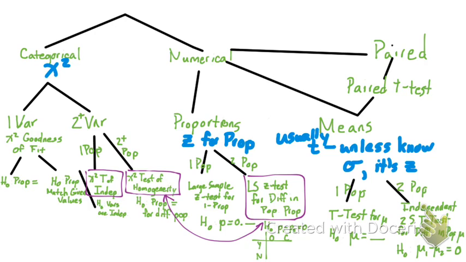Your paired t-test is going to have a null hypothesis that the mean difference equals some number. Now, once again, mechanically, this test is remarkably similar to the two-sample test. In fact, mechanically, it's identical. The only difference is, on the paired t-test, I started with pairs of data that I subtracted and found the differences, and I'm looking at the average of the differences. So that is my paired t-test.